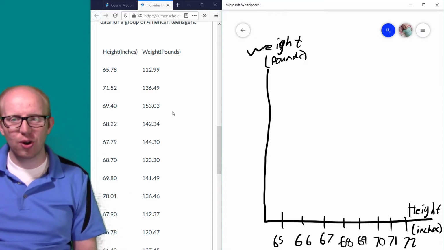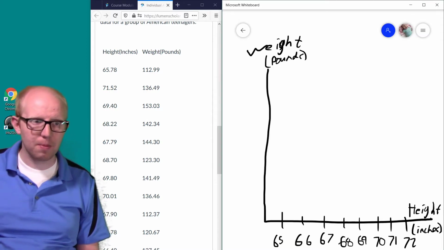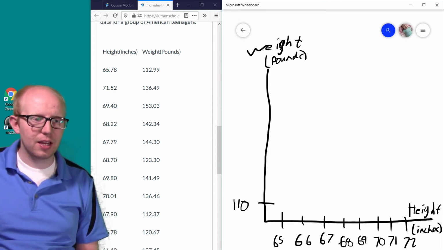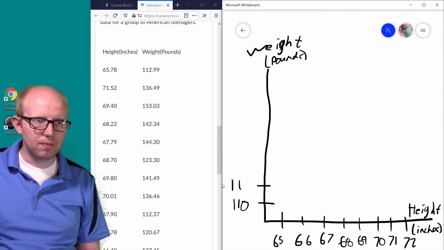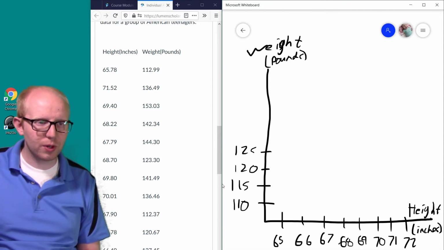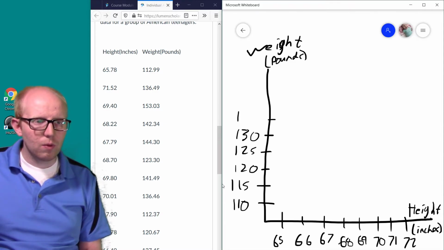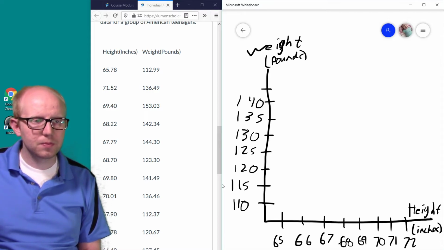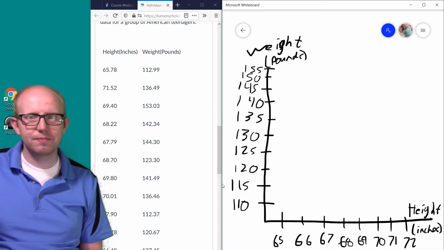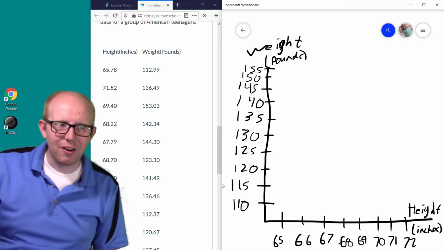Let's go by fives: 110, 115, 120, 125, 130, 135, 140, 145, 150, 155. All right, so we have our axes.